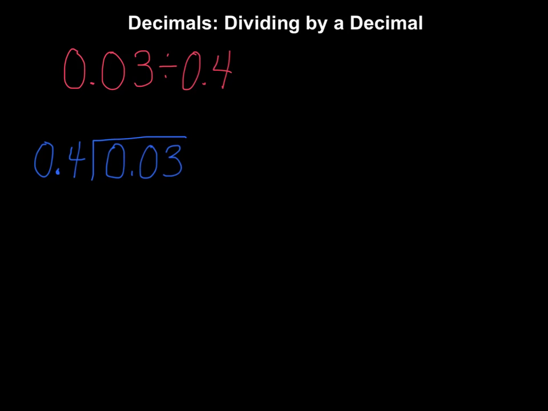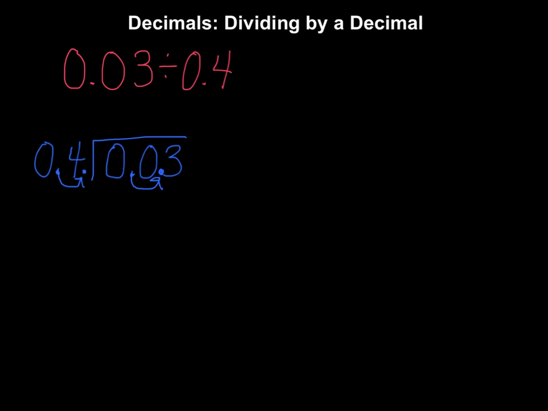We're going to do that by taking the decimal and shifting it over to make this divisor a whole number. Now whatever I do to this, I have to do to this in order to balance it out. So that means that this decimal right here will also have to move over one space to the right.